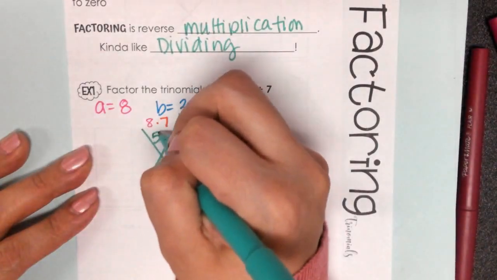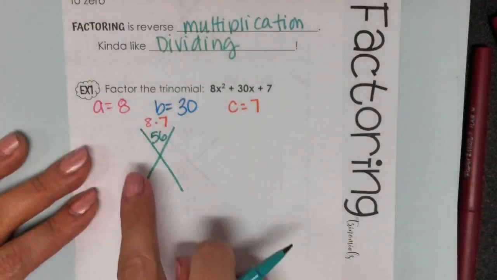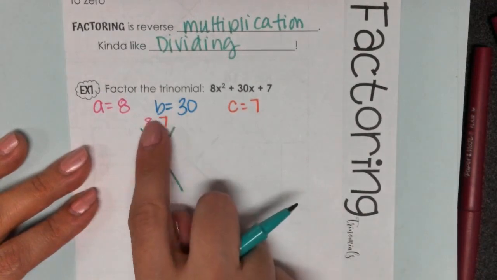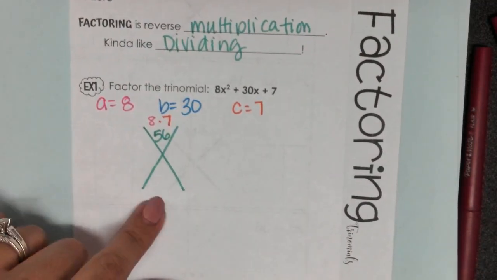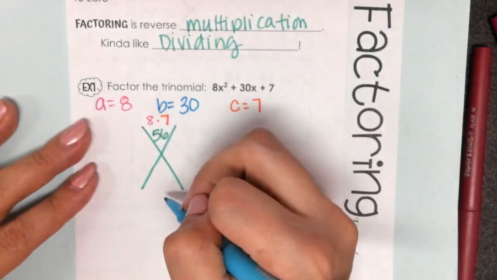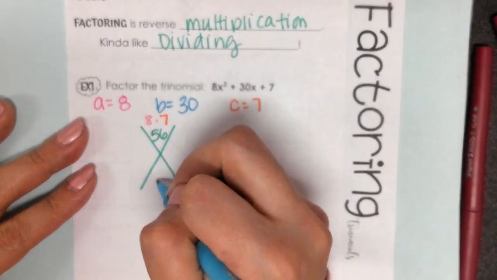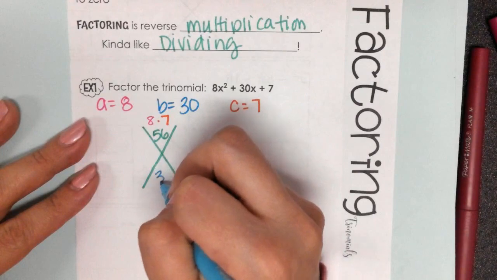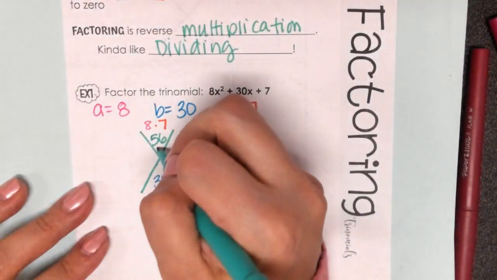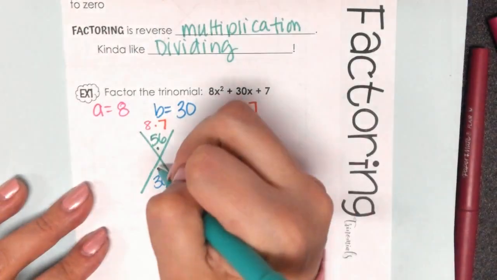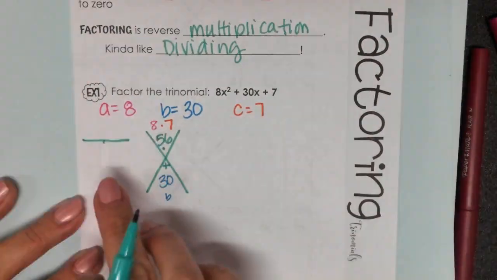So that's 56. So we want to find two numbers that multiply to give me 56. Obviously, 8 and 7 is one, but we'll come back to that. And then on the bottom of this X puzzle is B. B for bottom. So two numbers that multiply to give me your top number and add to give you your bottom number.